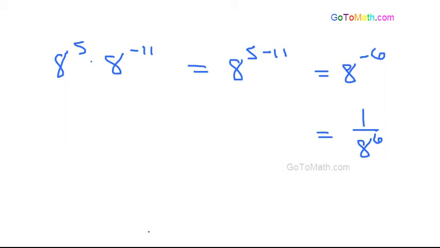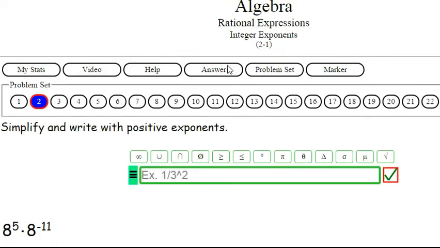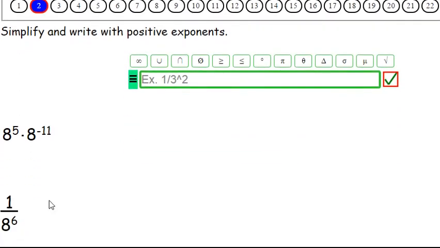Of course, we would find out what 8 to the 6th is, but that's not what's going on with this exercise. We're just wanting to know, what do we do with these exponents? That's what we're trying to get at here.